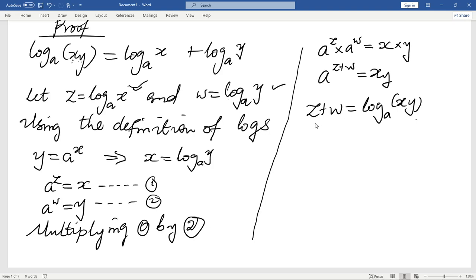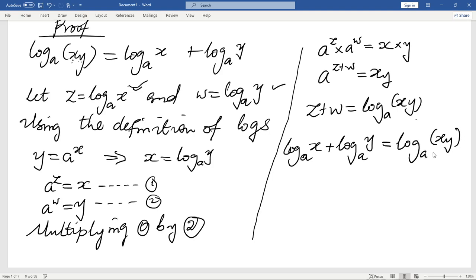So we have log the base a of x plus log y the base a equal to log xy the base a. This is exactly what we need, so this is how we prove that one.